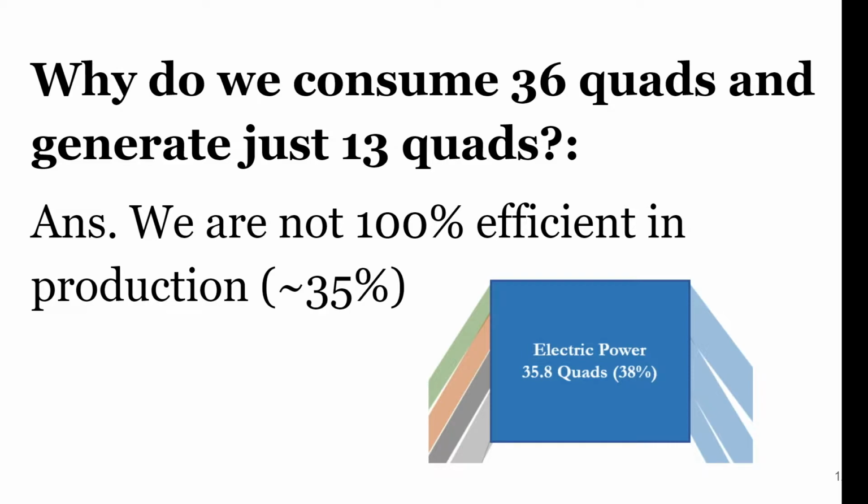We're roughly 35% efficient, which means that roughly 2/3 of the energy you input to the grid is lost as waste heat. And 1/3 of that, around 13 quads, goes to the demand, which, as Lucas was mentioning, goes to different buildings, transportation, and industry.